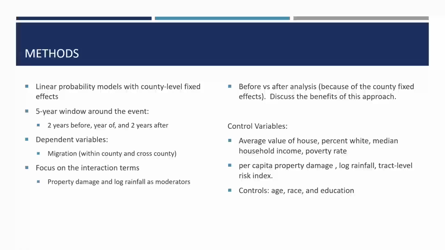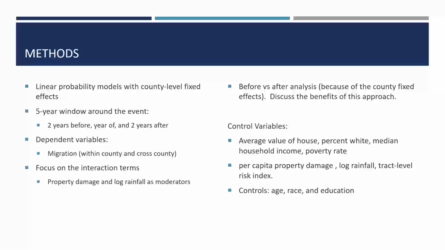The analysis is going to consist of 2 linear probability models of within county and cross county migration. The structure of the data gives me the ability to do essentially a before and after analysis.